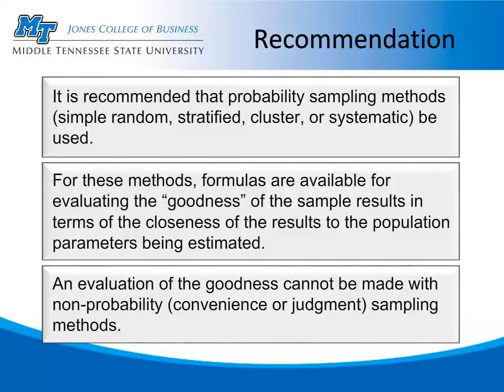There are other ways to do probability samples besides simple random samples. Here they mention stratified, cluster, and systematic. But you want to have some type of probability sampling and then have the formulas that are based upon those to be able to do estimation. You really can't do a good job of this if you just get a sample that's based on convenience or something that's just based on your judgment.